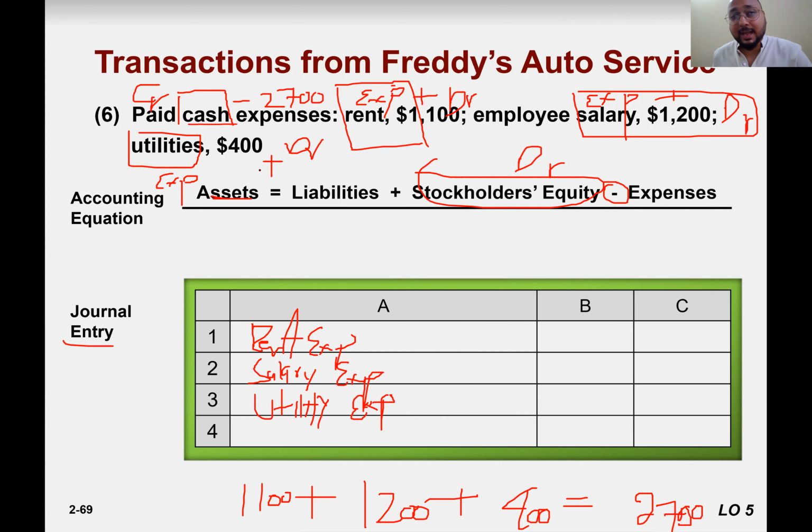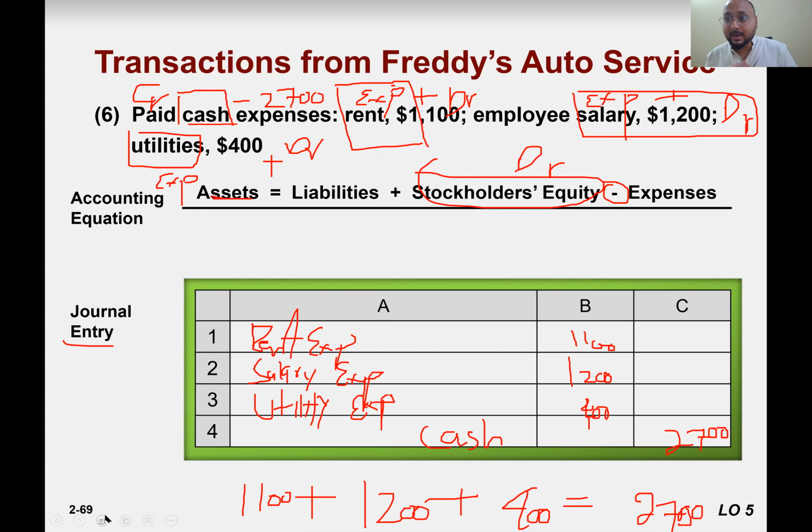And then because cash is credited, you write the amounts 1100, 1200, 400. How do you say the entry? Rent expense, salary expense, utility expense to cash.